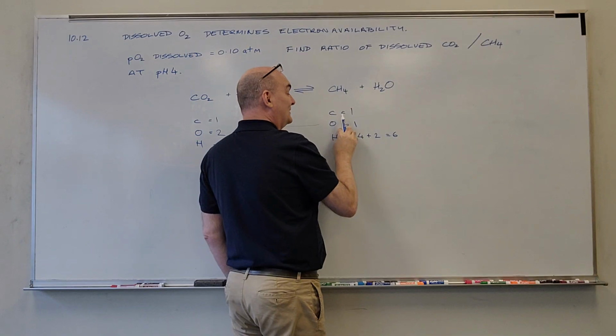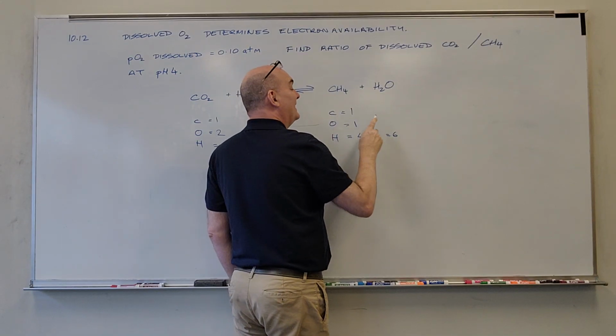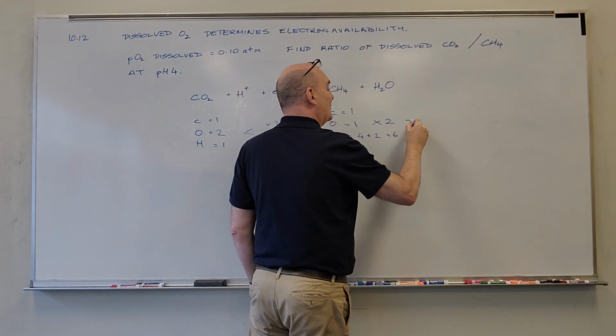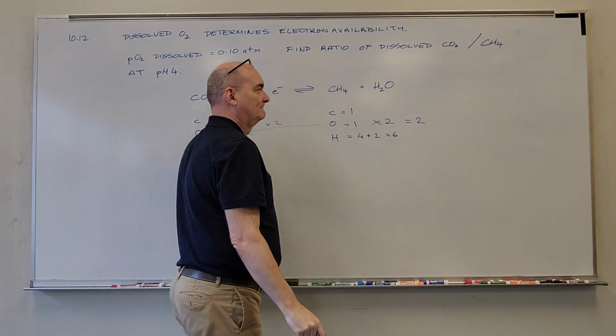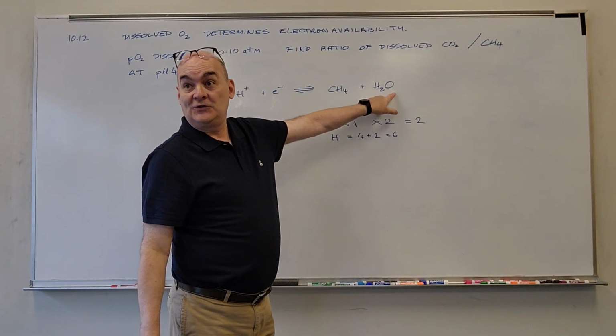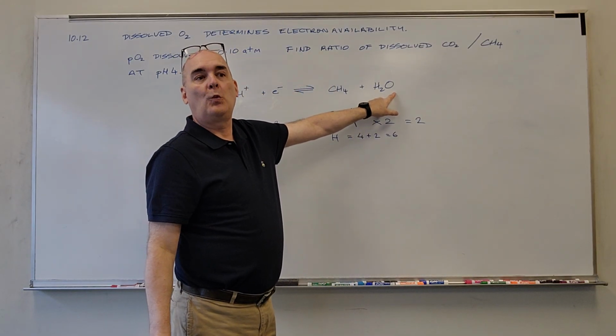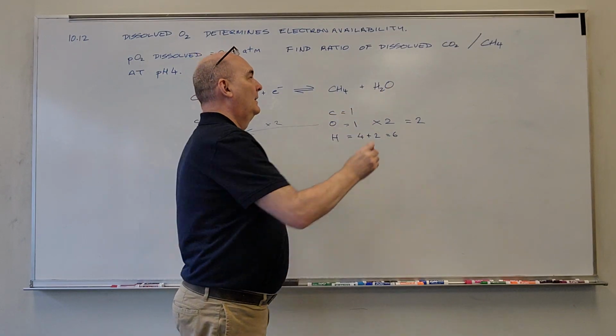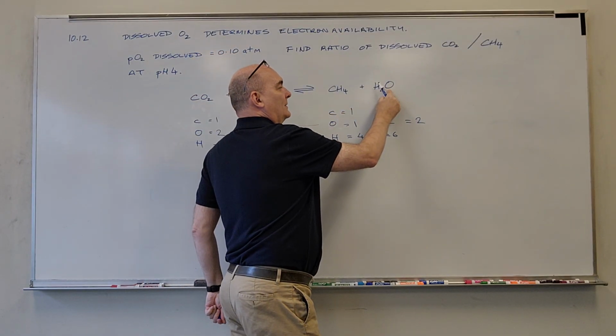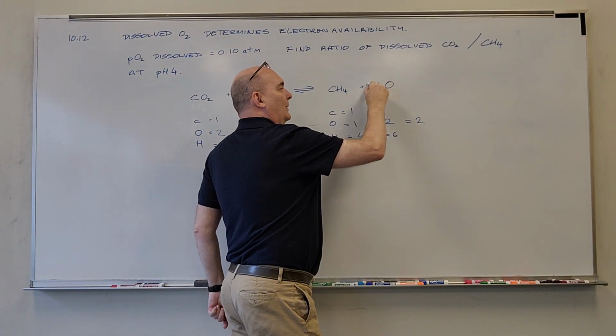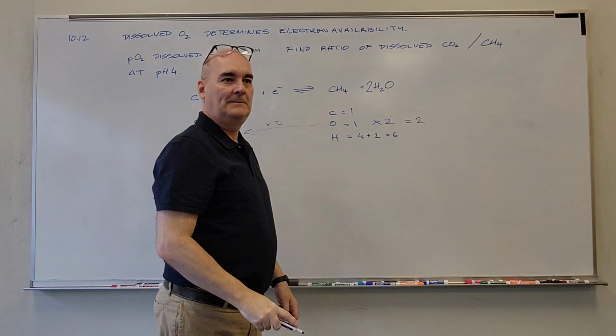So that oxygen needs to get multiplied by 2 to equal 2. I find the oxygen. The oxygen is only in one place. To make that oxygen be 2, I have to put a 2 here.